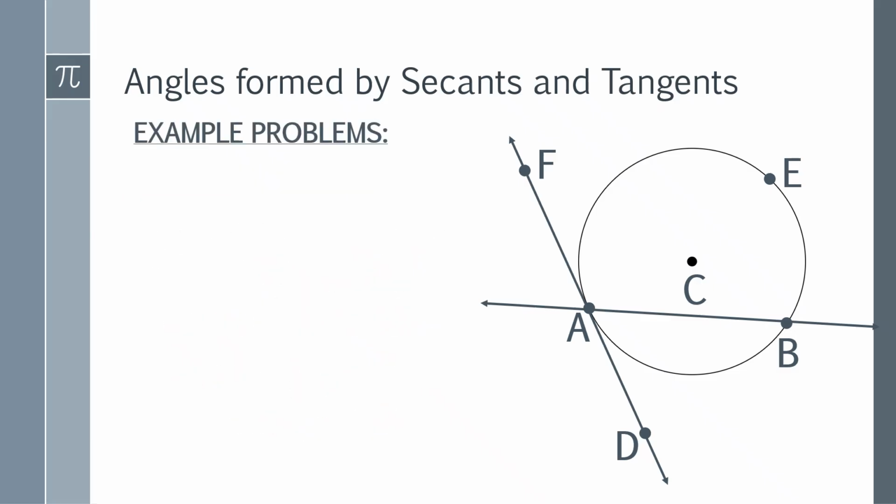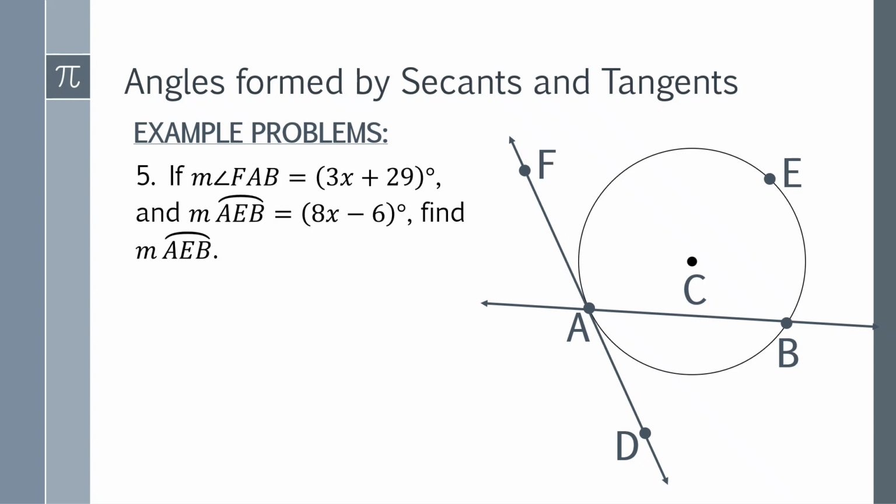What if the problem is now on algebra? Let's say the measure of angle FAB is 3x plus 29 degrees and the measure of the major arc AEB is 8x minus 6 degrees. How will you find the measure of the major arc AEB? I will give you a tip on how to do this. First, you have to know the formula.